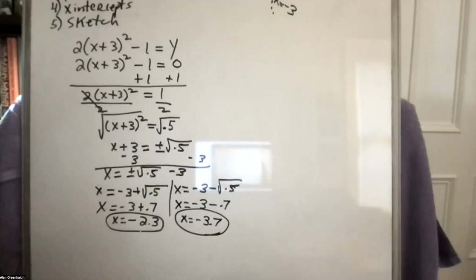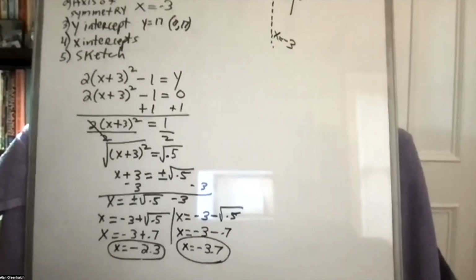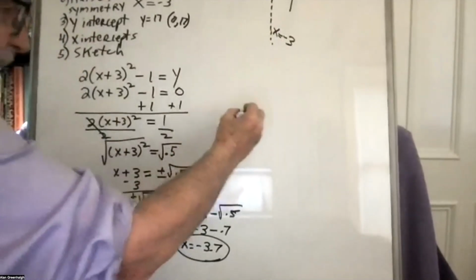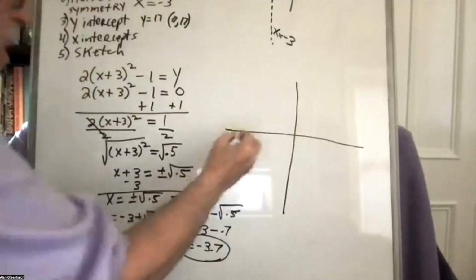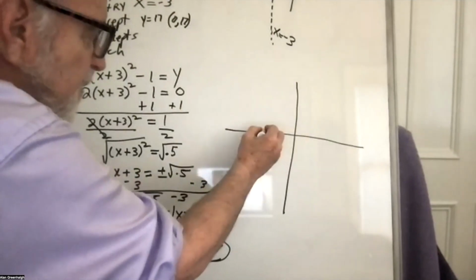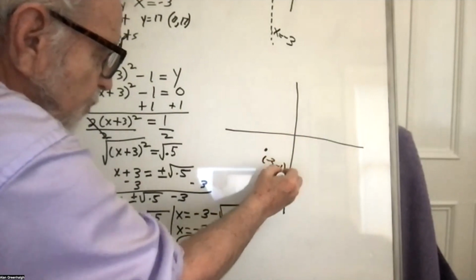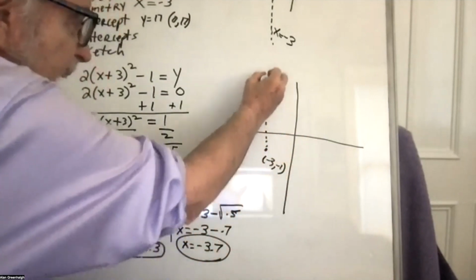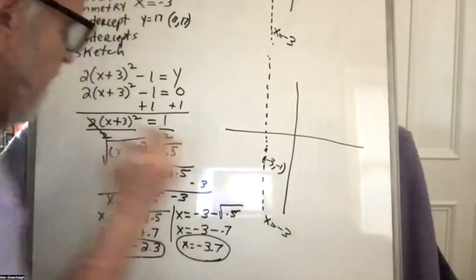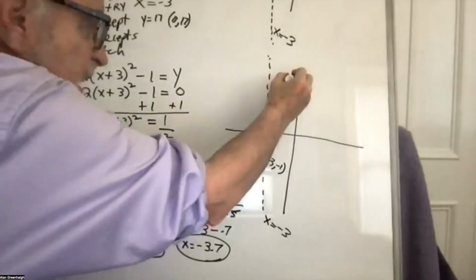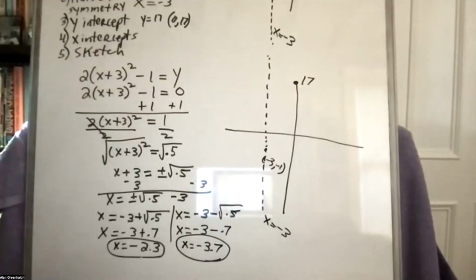Now, how do we use those? Go back to the equation, go back to the graph. Obviously you can't see that, so let me draw another graph. Here's the vertex at negative 3, negative 1. Here's the axis of symmetry, x equals negative 3. Here's the y-intercept at 17, all the way up there.